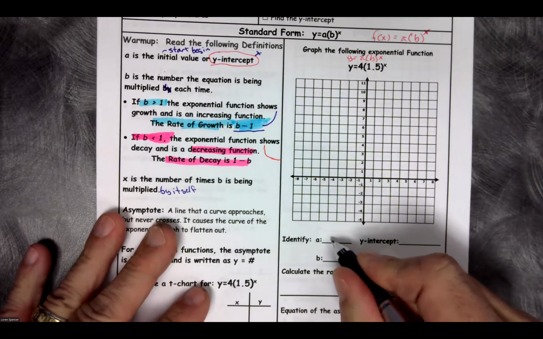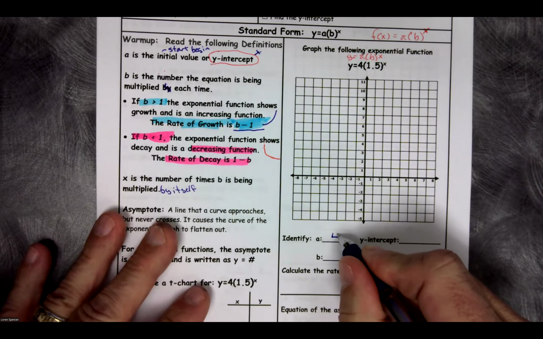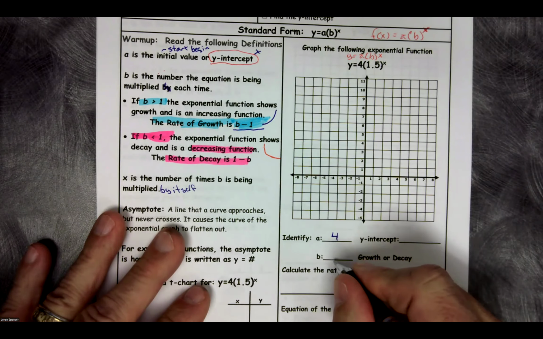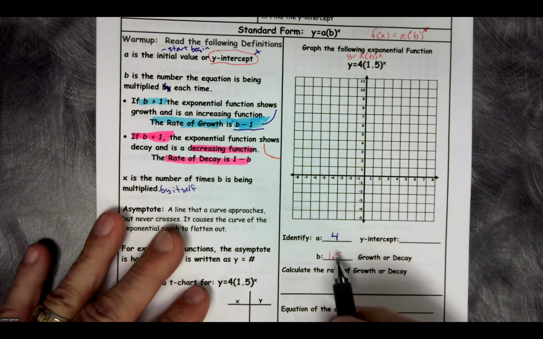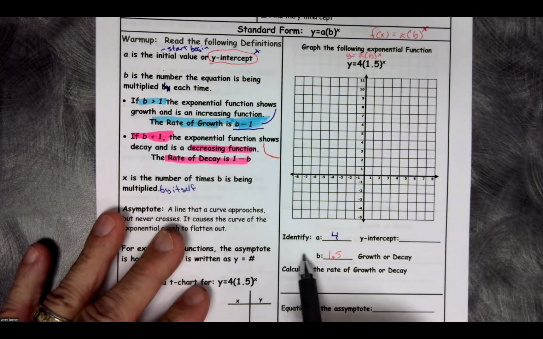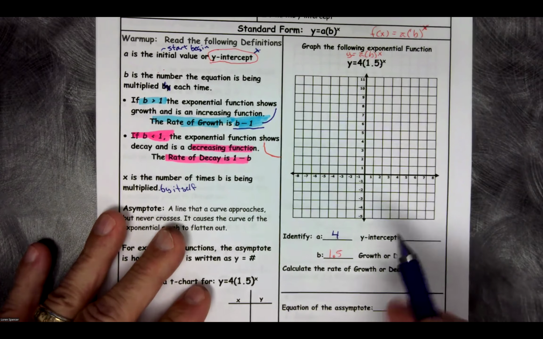Well, that means a must be 4. It also means b is 1.5. And 1.5, well, that's greater than 1. 1.5 is greater than 1. So this is showing growth.